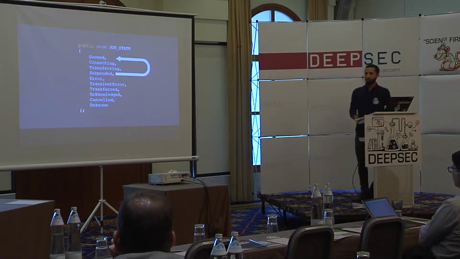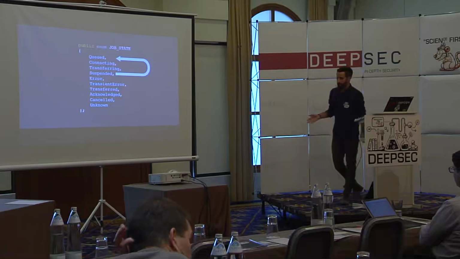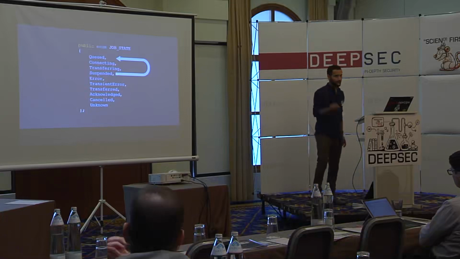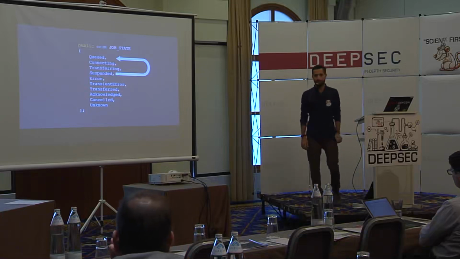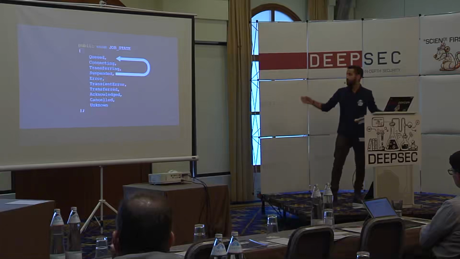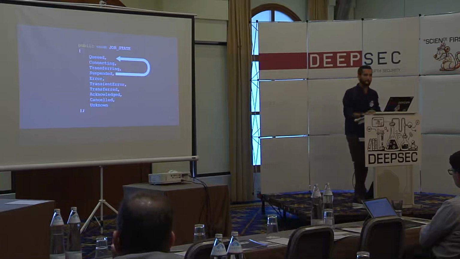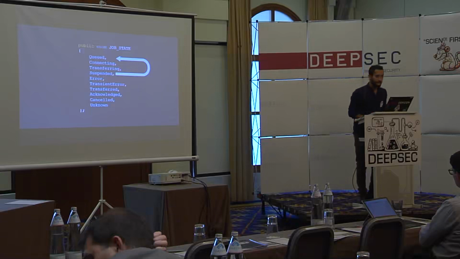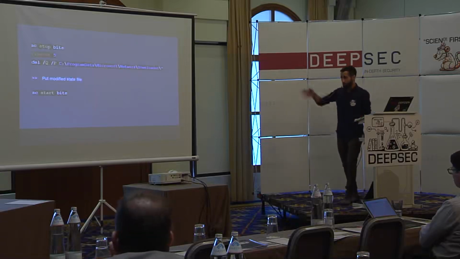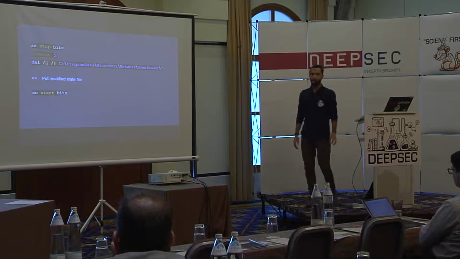So we reverse engineered the structure of the file and found the correct position where the state is saved, and just easily changed an integer from 3 to 0, and we actually moved the state of the job to queued.